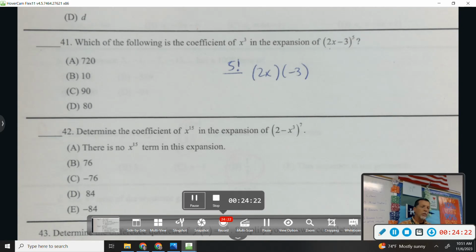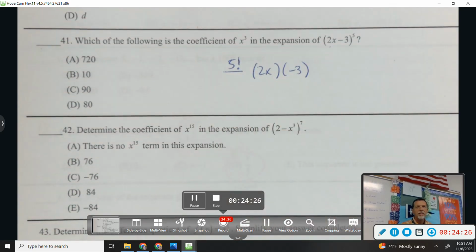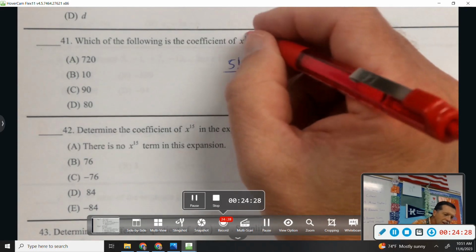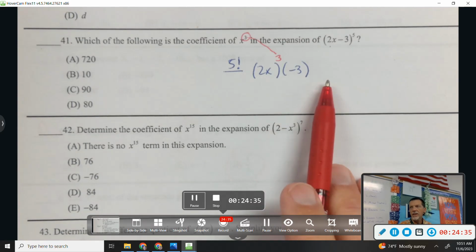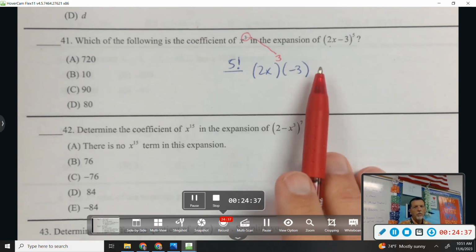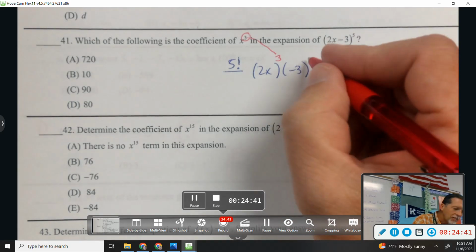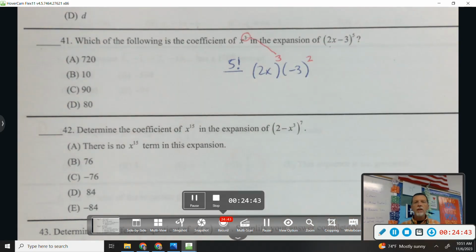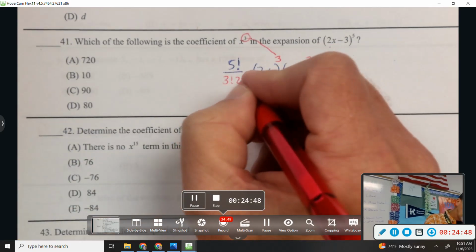So what power should go on 2x to make x cubed show up? 3. Which means what should the power on negative 3 be? Why 2? I got to add to 5, so that one's got to be 2. And then that means my 2 denominators over here are 3 factorial and 2 factorial.